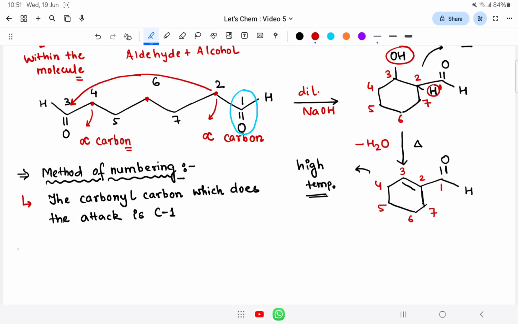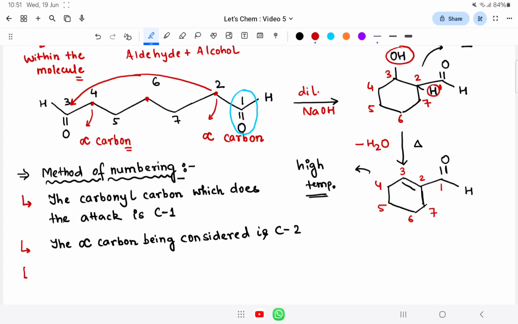Now the second point that we'll be writing is the alpha carbon being considered is C2.